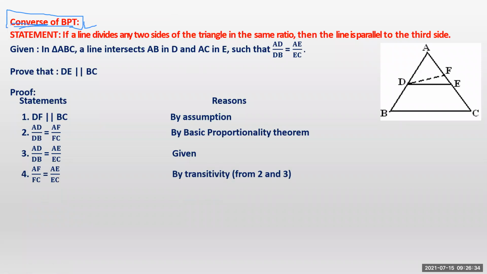Now, AF upon FC is equals to AE upon EC, by the property of transitivity. From statements number 2 and 3, they are in proportion: AF upon FC is equals to AE upon EC.